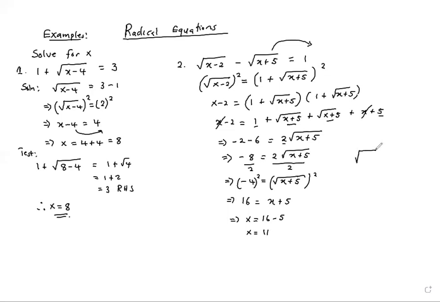So root of 11, so test. Root of 11 minus 2 minus root of 11 plus 5. This is 11 minus 2, that is 9, minus 16. This is 3 minus 4, which is equal to -1.